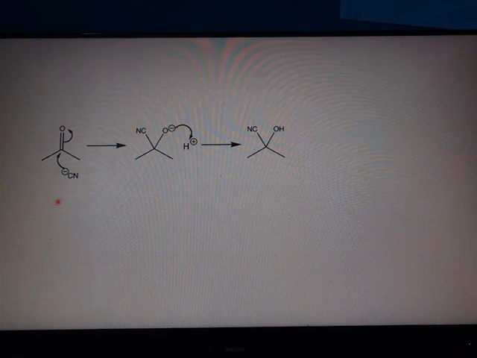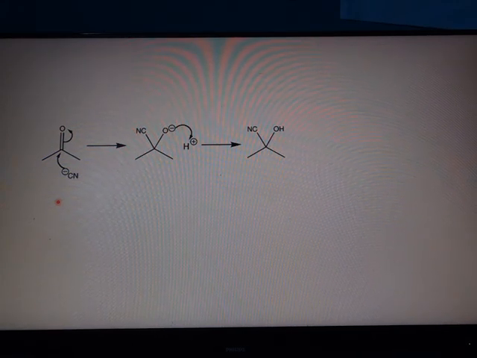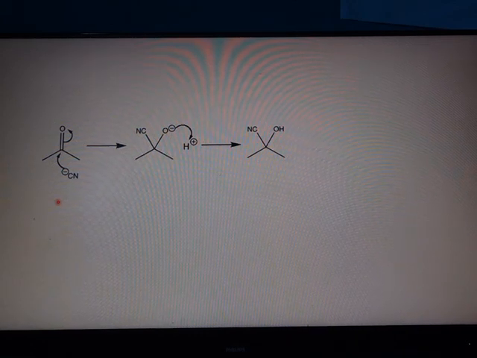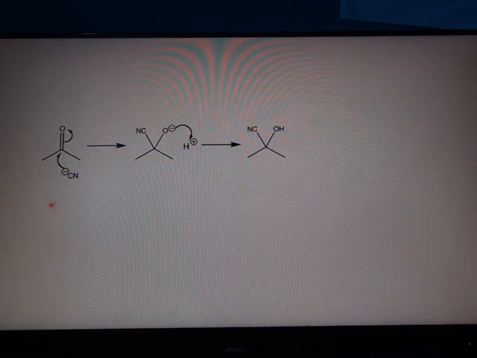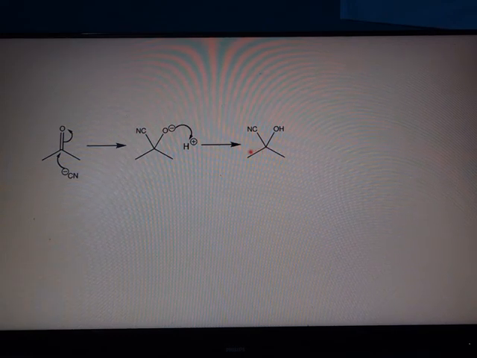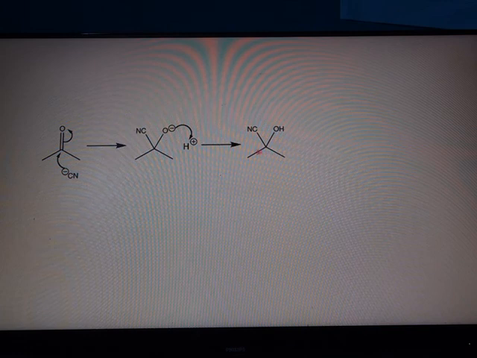Now, obviously, if you have something that is symmetrical, then this carbon atom cannot be considered as a prochiral center, okay? Because if you add this nitrile group, for example, to produce this 2-hydroxy 2-methyl propane nitrile, then you can see that this carbon atom has got two groups that are the same.